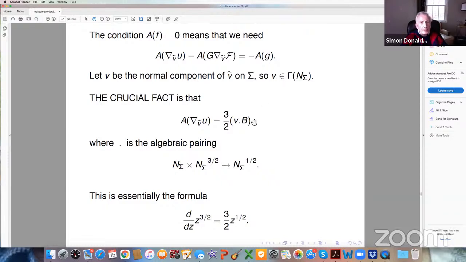So remember that v is a section of the normal bundle, and the coefficient is a section of the normal bundle to the minus 3 over 2. These are thought of as complex line bundles. So we have a multiplication map that takes this to the normal bundle to the minus 1/2, which is where A lives. All this is essentially just the formula that if we differentiate z to the 3 over 2, which remember is the r to the 3 over 2 term, then we get 3 over 2 times z to the half.